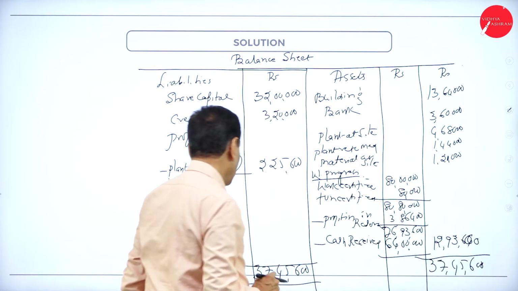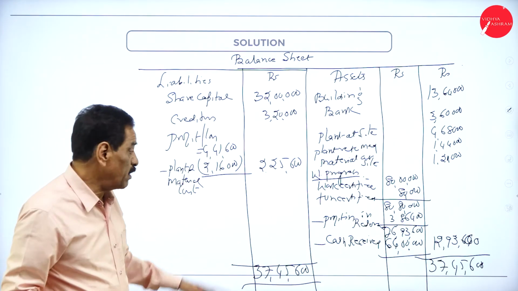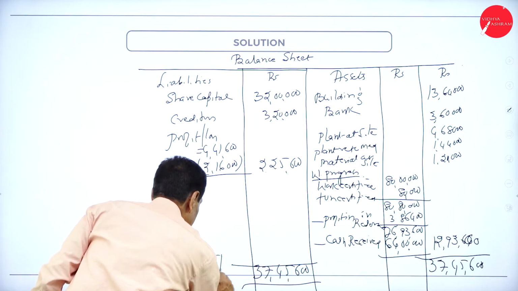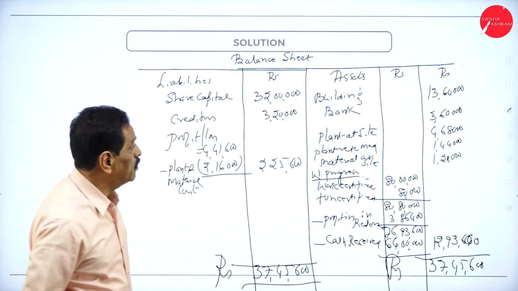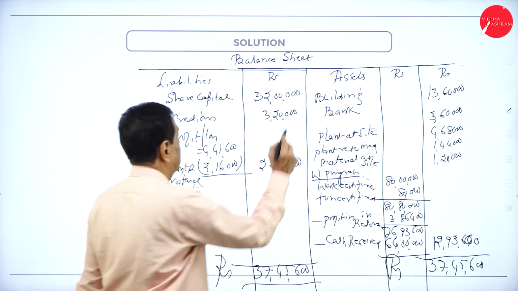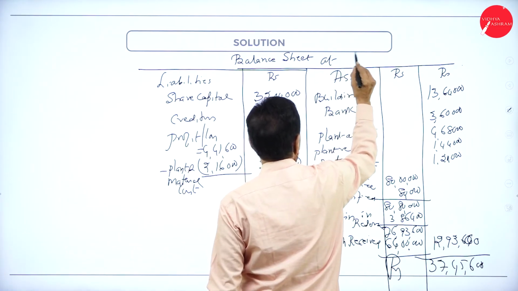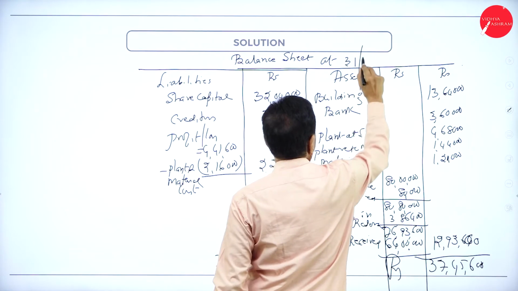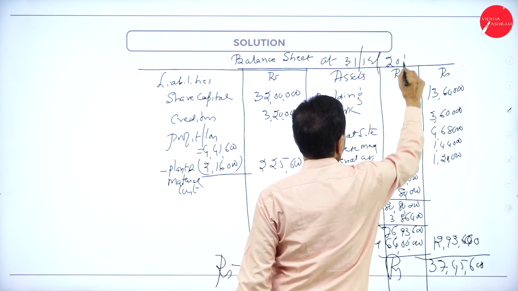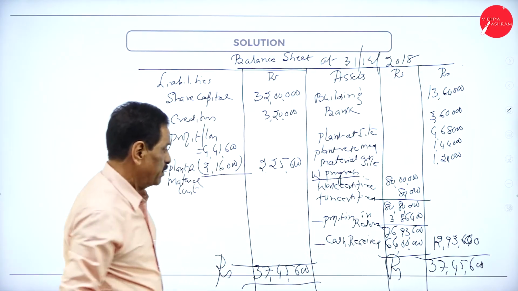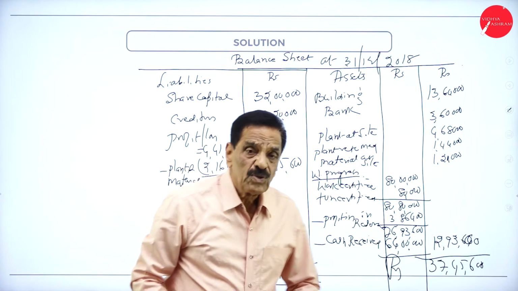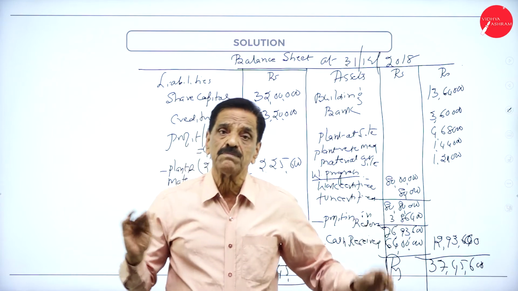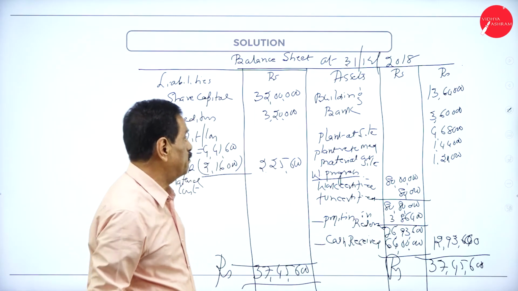So it will tally for 37,45,600, balance sheet assets at 31st December 2018. So we'll go to the last problem, reconciliation statement.